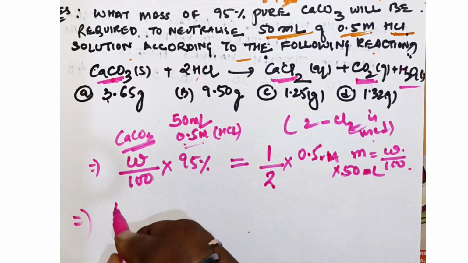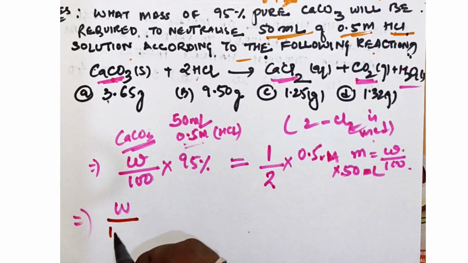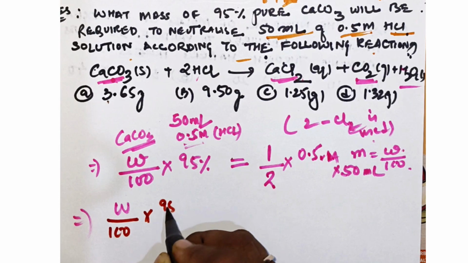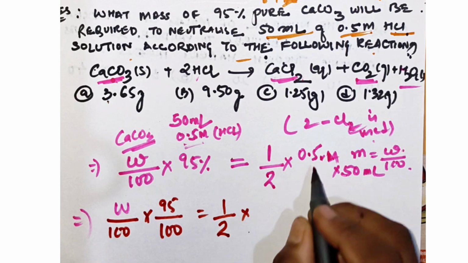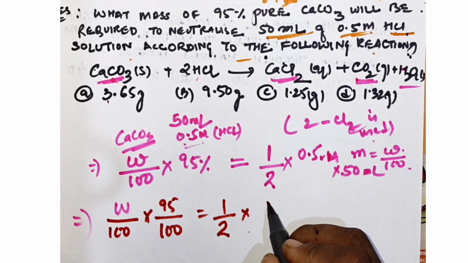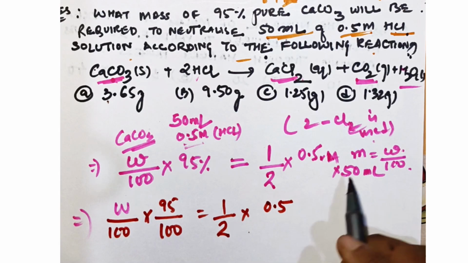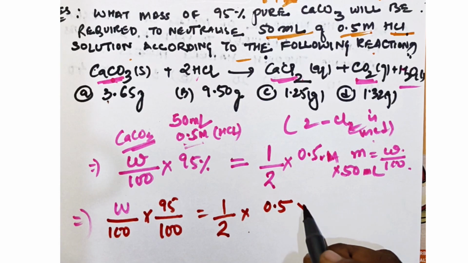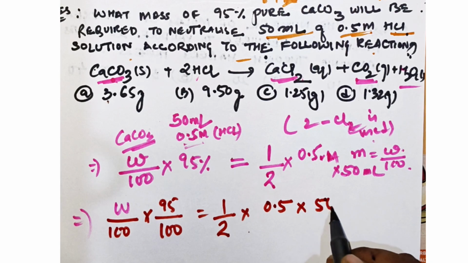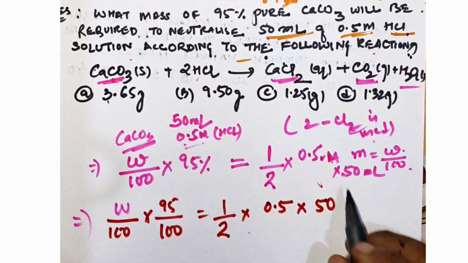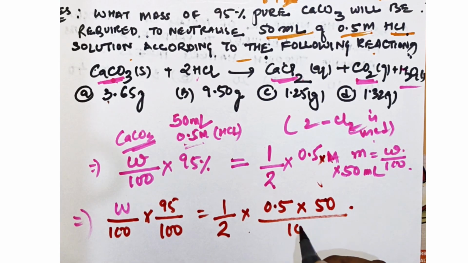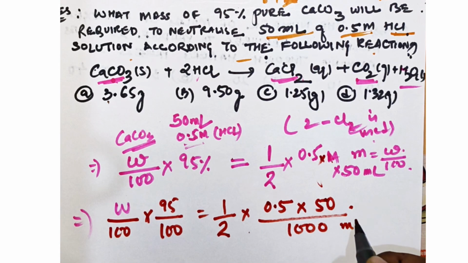Now you write this: W by 100 into 95 by 100, equal to 1 by 2 into 0.5 molar solution into 50. Molar solution means divided by 1000 ml, is it not?